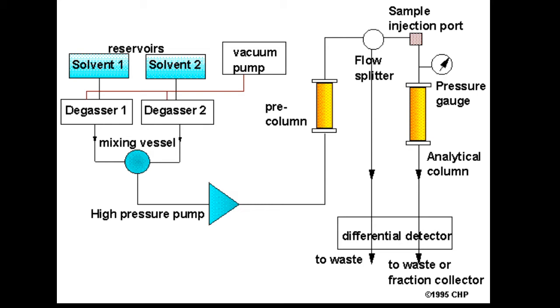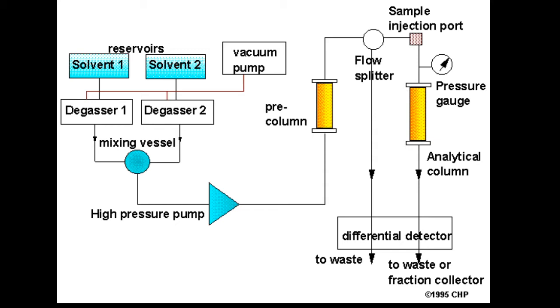In case of the solvent reservoir, there are two types of elution technique. The first is isocratic, where only one solvent is used as a mobile phase, and the second is gradient elution technique, where we can use two or more solvents in composition. So it is called the gradient elution technique.